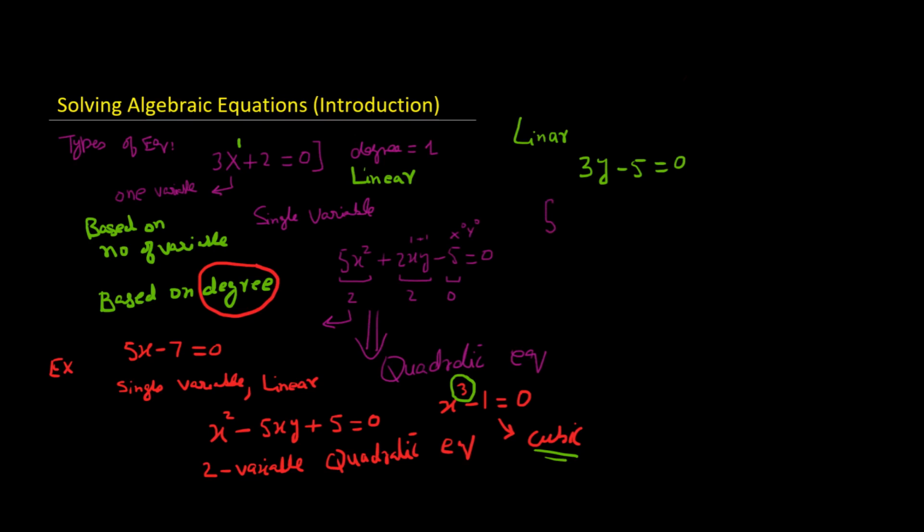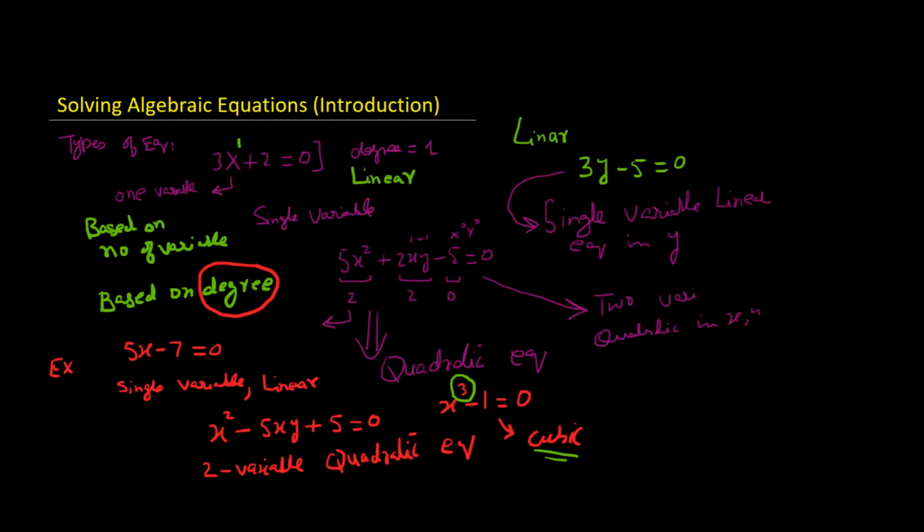If you want to write it completely, it's a single variable linear equation in y. And this is a two variable quadratic equation in x and y. So this is the way of classifying the algebraic equations.